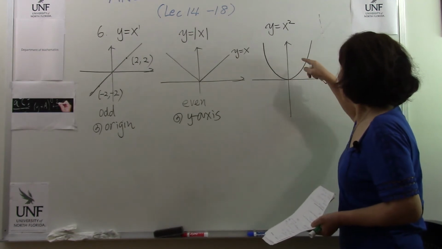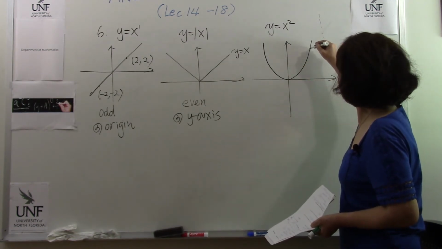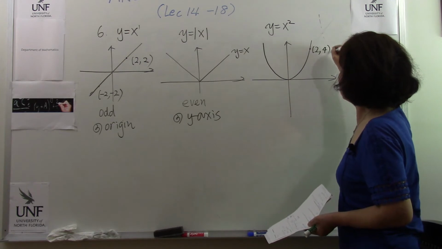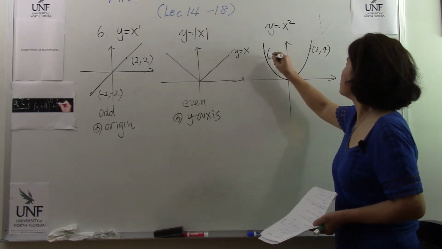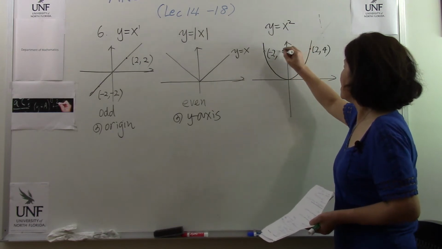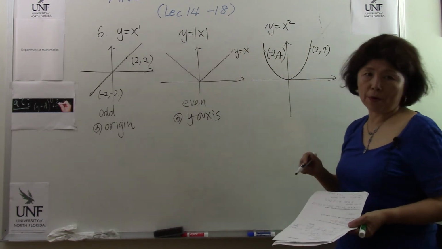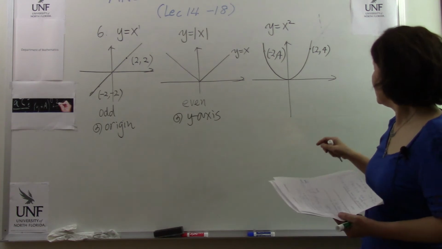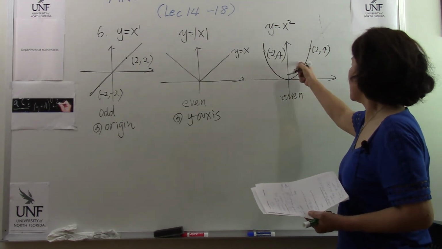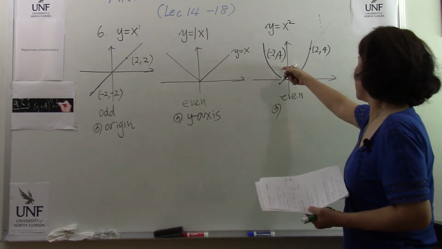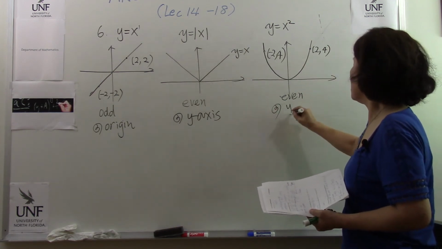We call it a parabola. For example, when x is 2, y equals 4. On the other hand, if x equals -2, y is going to be the same, positive 4. So this is an even function. Again, the graph is symmetric about the y-axis.